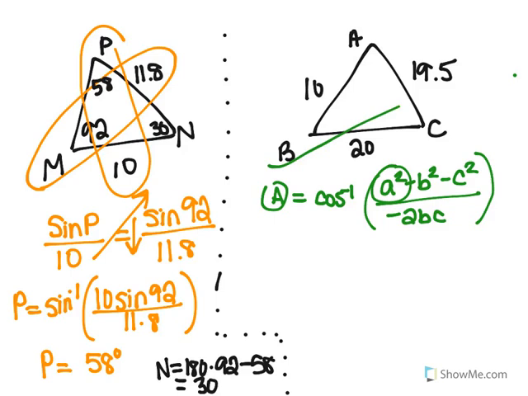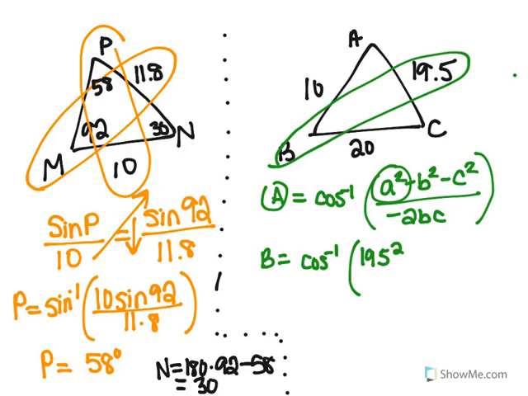So let's find this angle first. So we're going to find angle B, and it's going to be cos to the minus 1 of 19.5 squared, subtract 10 squared, subtract 20 squared, so the other two sides, divided by negative 2 times 10 times 20.